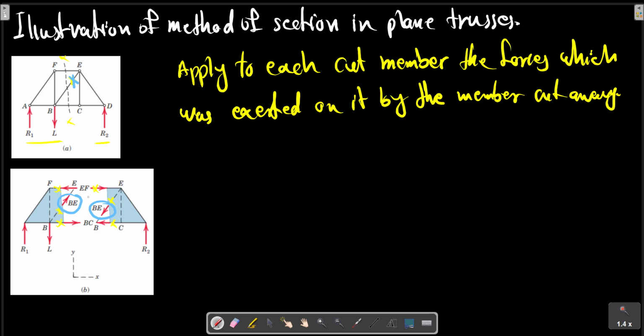The left side section in this figure is in equilibrium under the action of the applied load L. This is the left side, under the applied load and the reaction R1, and the three forces exerted on the cut members by the right-hand section which has been removed.